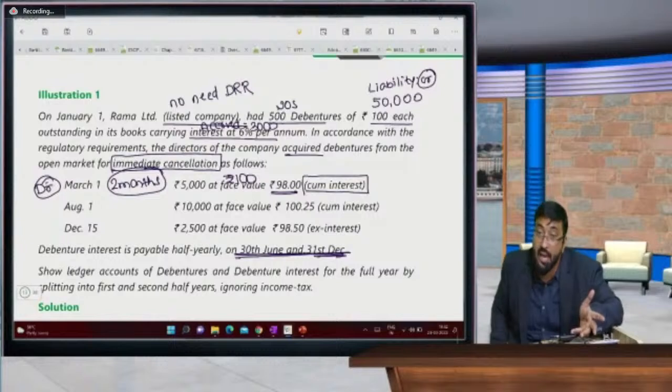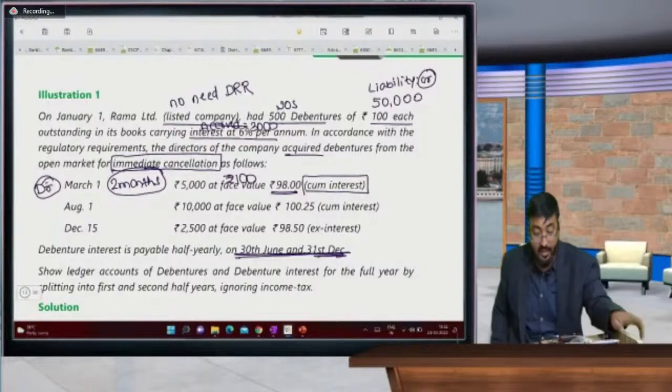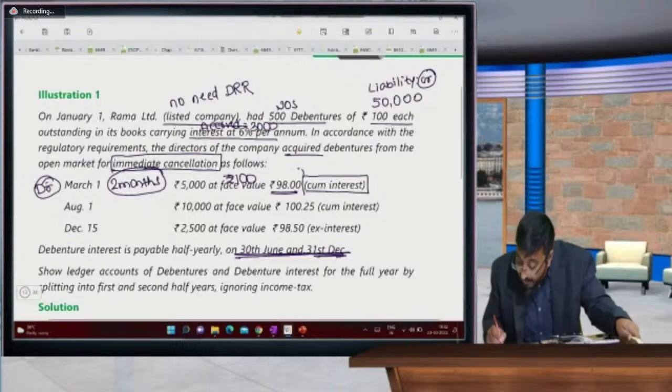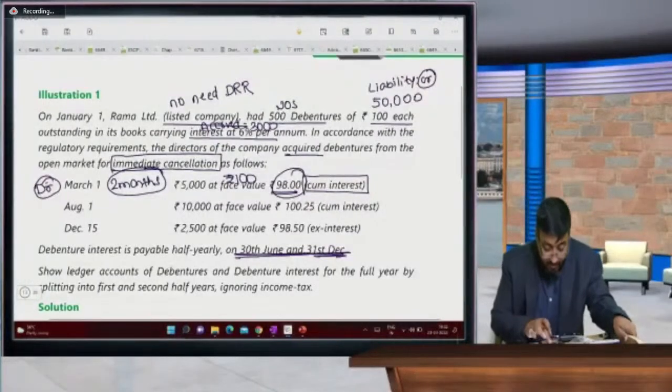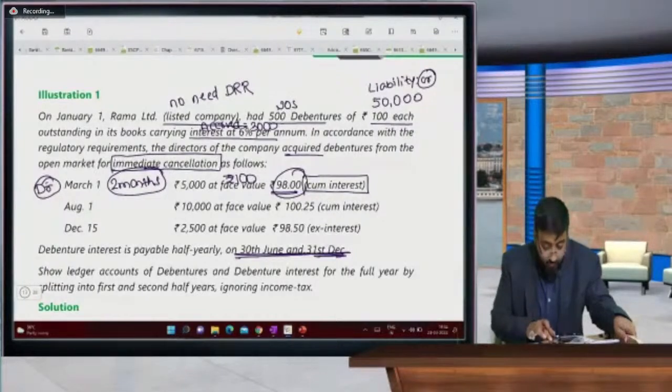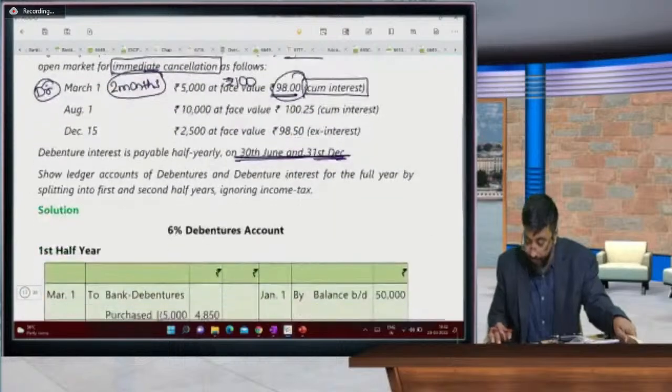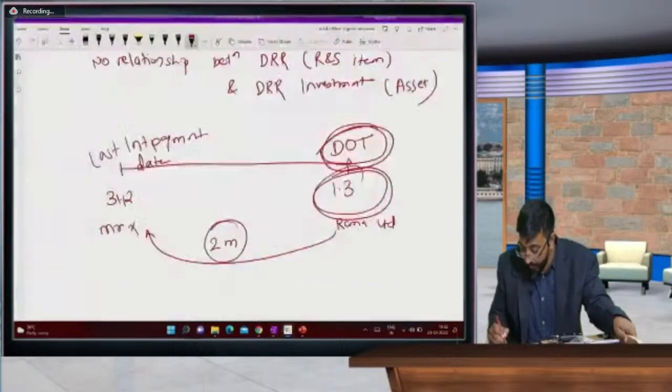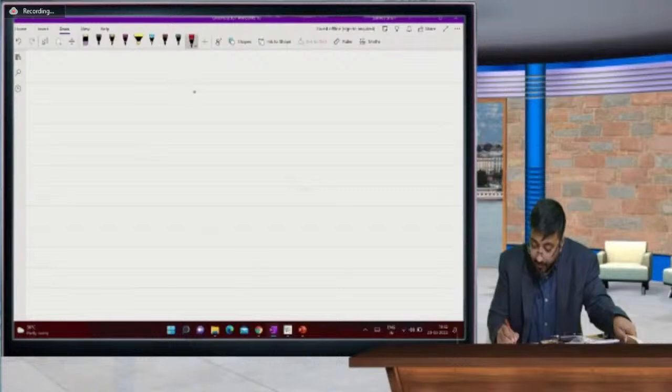Okay, got the concept? Yes, at 98 rupees. Now this 98 is cum interest. Now see, the number of debentures: this 5,000 is face value.